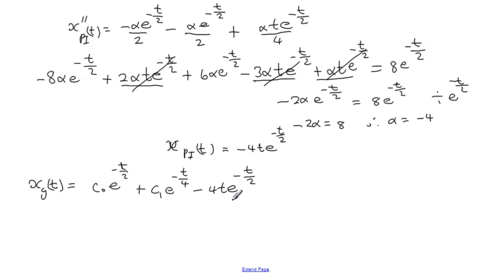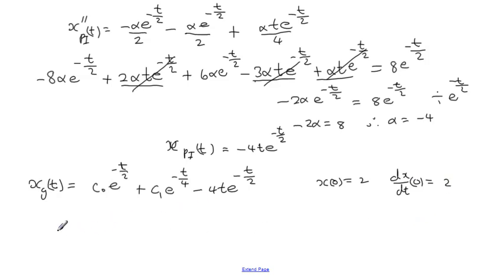Now this is our general solution, but we're given initial conditions that x at 0 is equal to 2, and the derivative of the function x at 0 is also equal to 2.